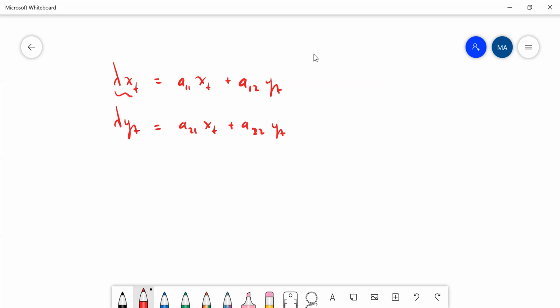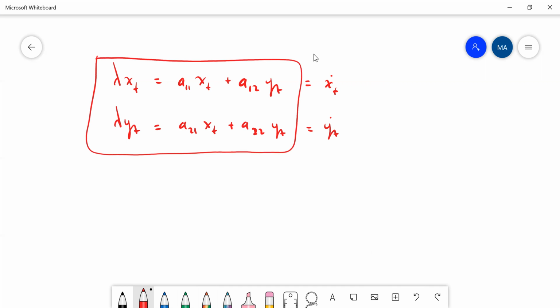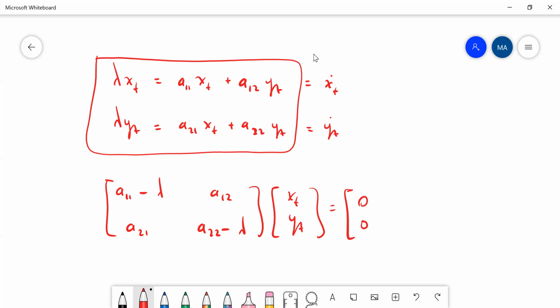Because this is x dot t, this is y dot t. Now this, if you look at it carefully, is also a linear dynamical system, which is homogeneous, right? So I can write this as A11 minus lambda, A12, A21, A22 minus lambda, times xt yt equals 0.